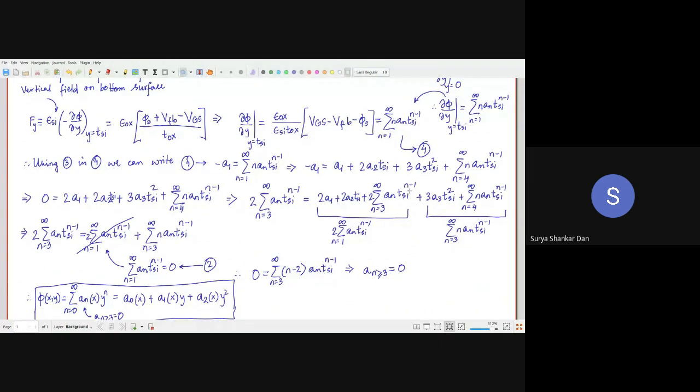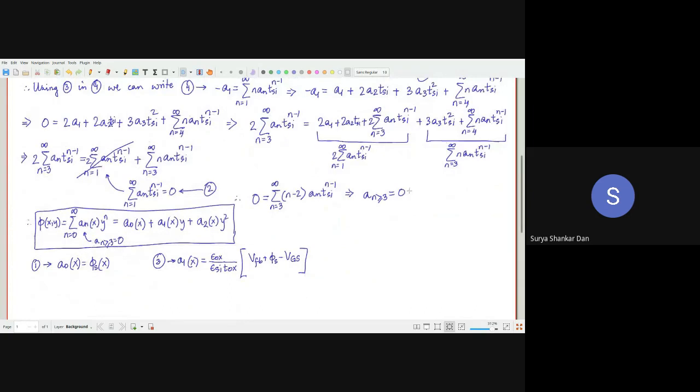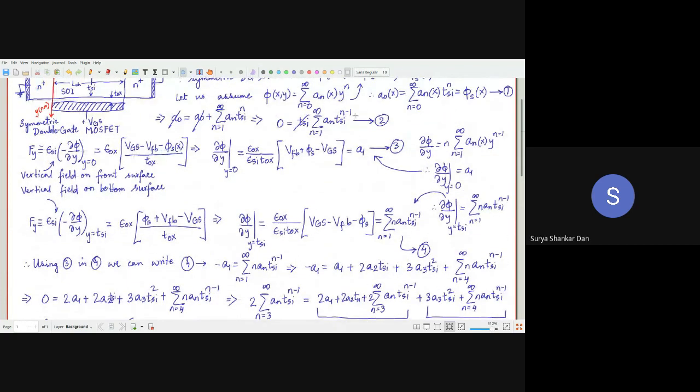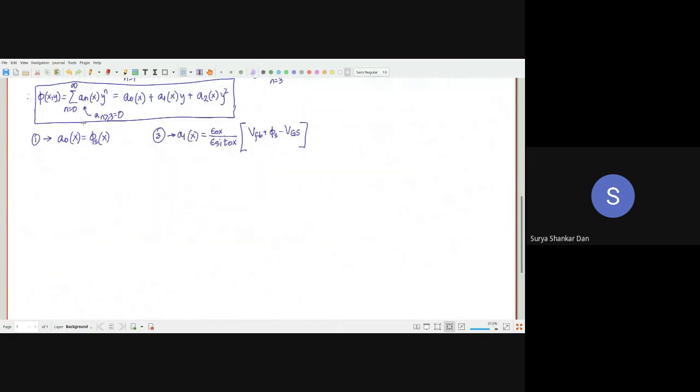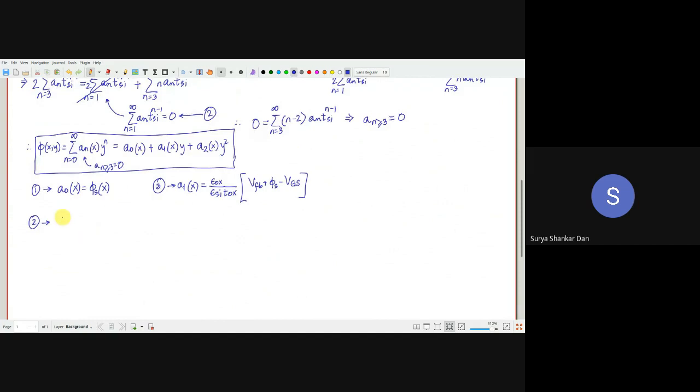Okay. So what we shall do now is, let us go by equation number 2. Where is equation 2? This one, right? Equation 2 states this relation here, sum over n equal to 1 to infinity of a n tsi to the power n minus 1 is equal to 0.